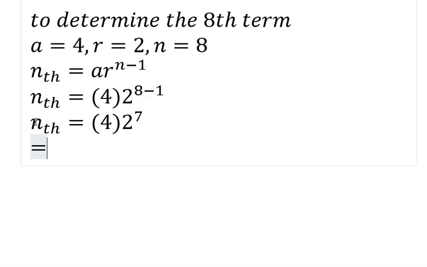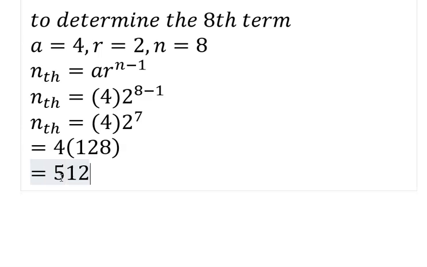So we now have 4 times 128. Beautiful. So if you multiply 4 times 128, bring that to your calculator and punch 4 times 128, you should have 512. Beautiful.